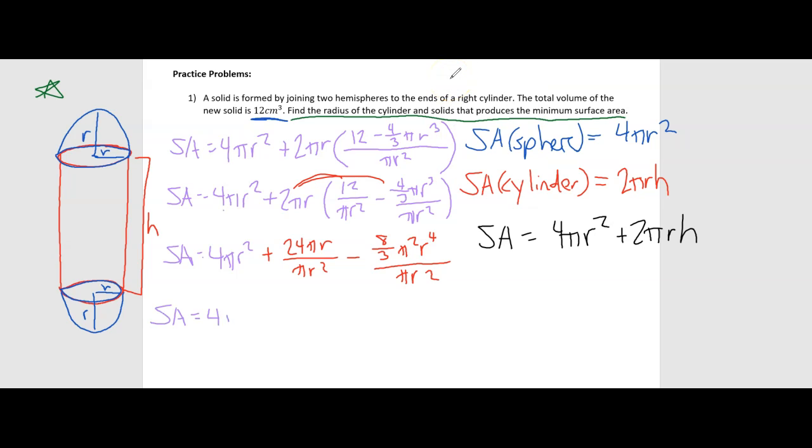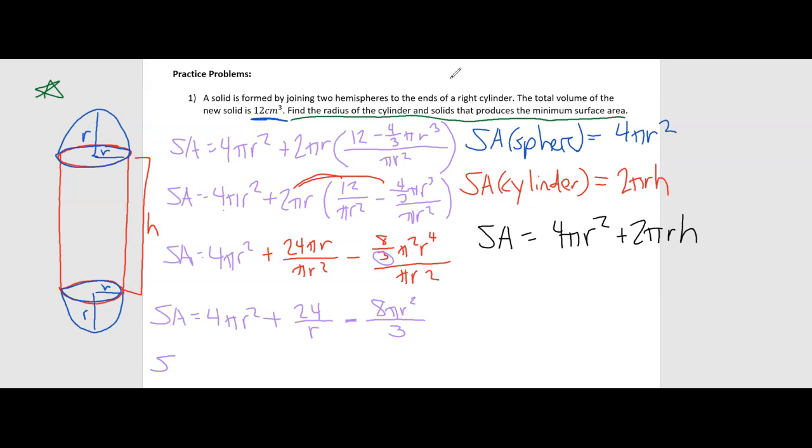Surface area is equal to 4 pi r squared plus 24 over r minus, and I can bring this 3 down to my denominator. So I'm going to get 8 pi r squared all over 3.